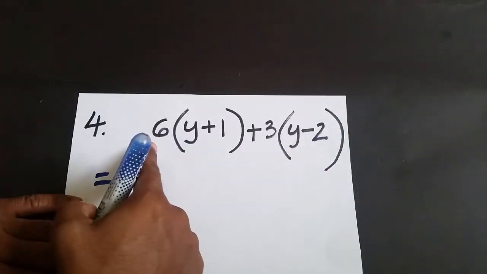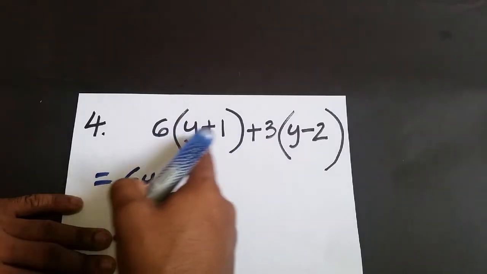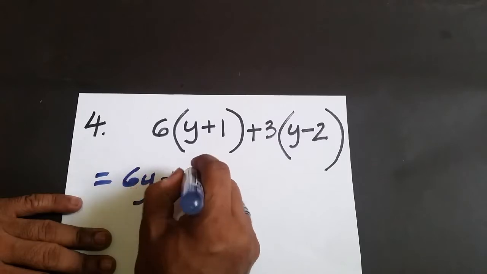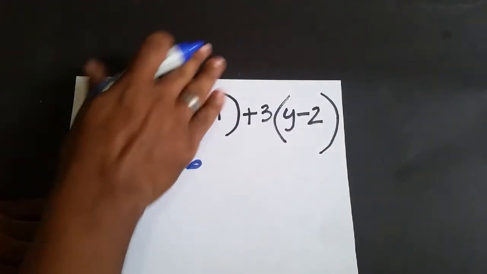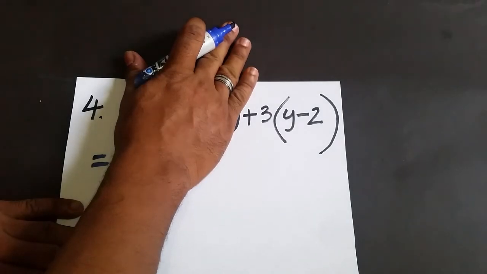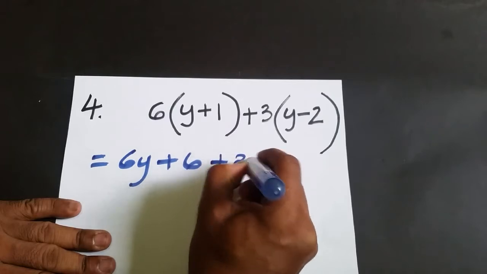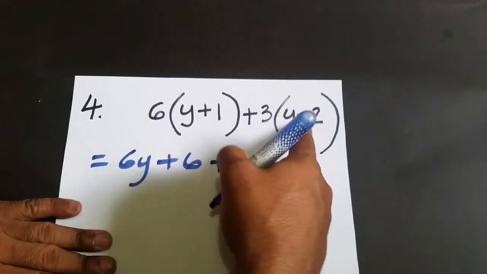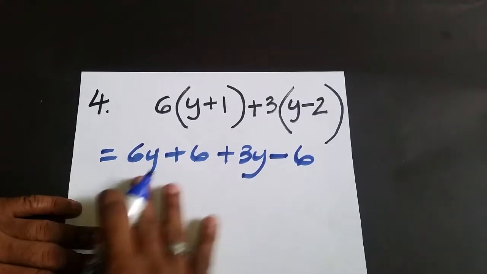So we go ahead. 6 times positive y, that's positive 6y. 6 times positive 1, that's positive 6. So this first bracket here has been expanded. So we now need to focus on the back end. So positive 3 times positive y is positive 3y. And positive 3 times negative 2 is negative 6. Now we've expanded.